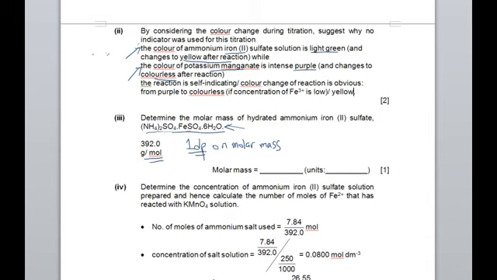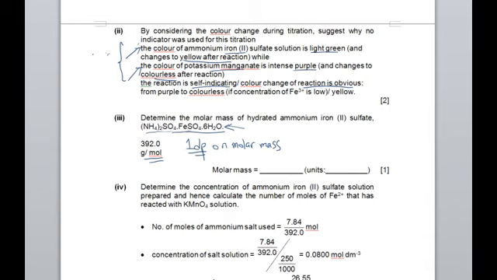So even after writing down these 2 color changes for me, you still got to conclude your answer by saying that the reaction is self-indicating or that the reaction color change is very obvious. Because by just telling me the color change, it is not obvious that you understand this point.